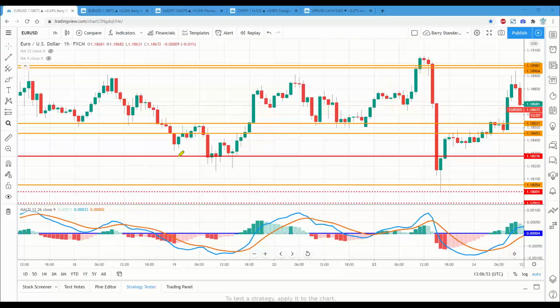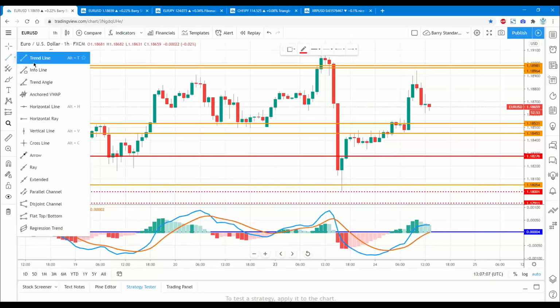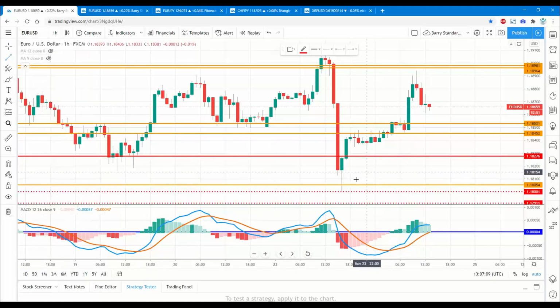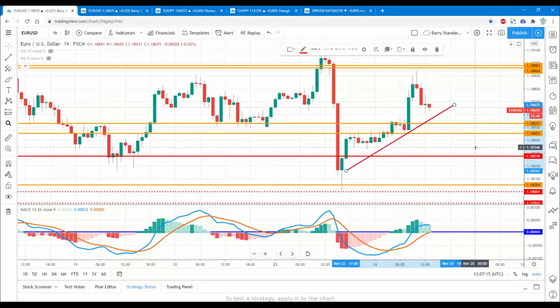Then, if you use trend lines, see if you can find and put a valid trend line on your charts. Now, today's class is not about learning how to draw trend lines. We have many other classes on trend lines, and that's really a pretty fundamental piece of trading knowledge.